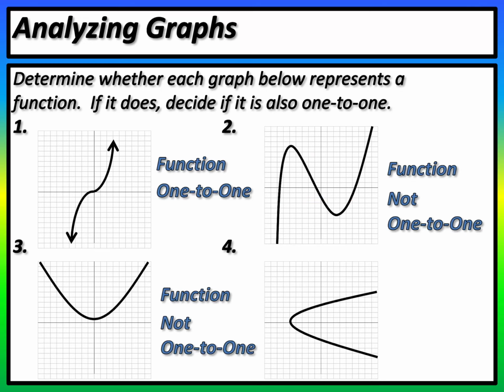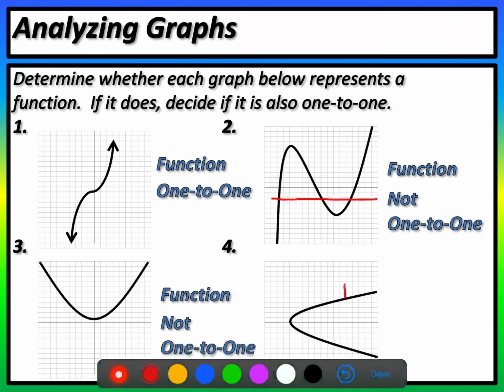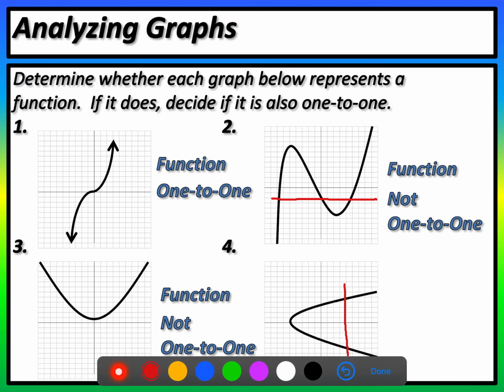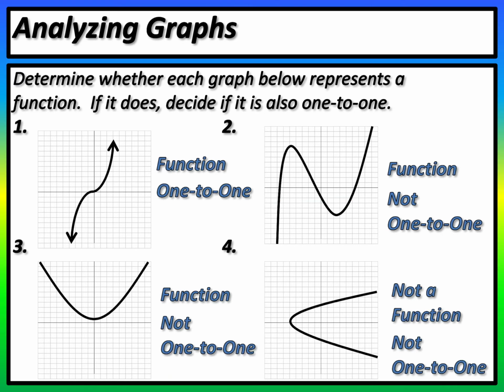And lastly, example 4, I do the vertical line test. This is now not even a function, which means that you cannot even check if it's one-to-one. You cannot be one-to-one without first being a function. So if it fails being a function, there's no point in even checking one-to-one.